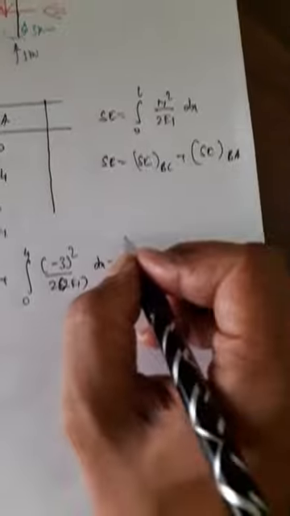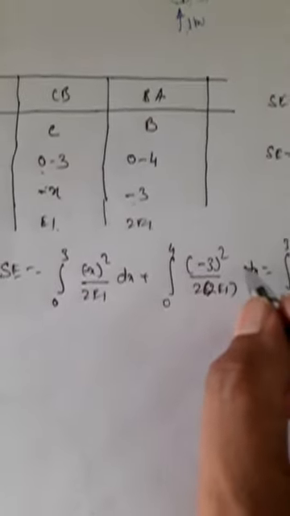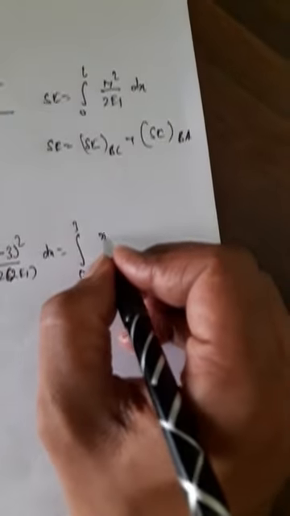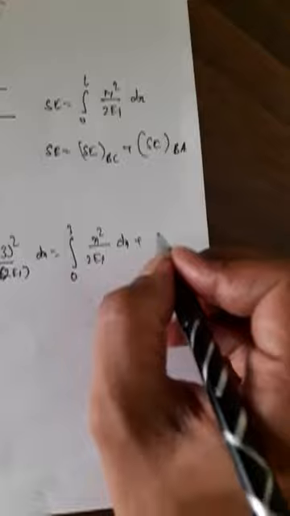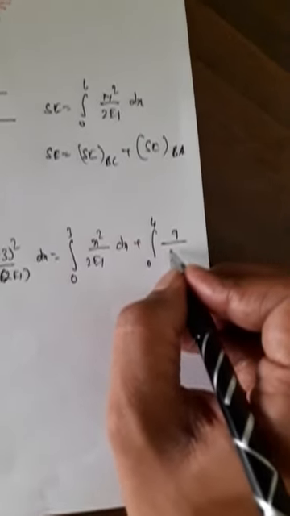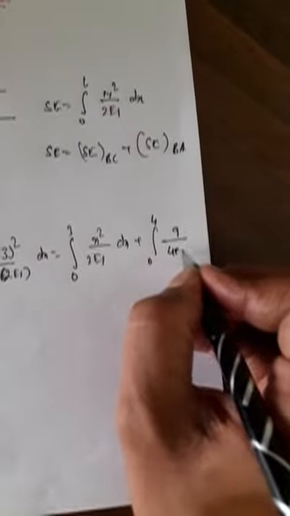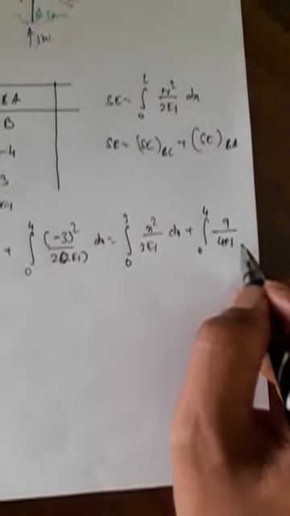Simplify this, 0 to 3, minus x square is x square. Minus 3 square is 9. So x square by 2EI dx plus 0 to 4, 9 by 4EI. 2EI into 2, 4EI.